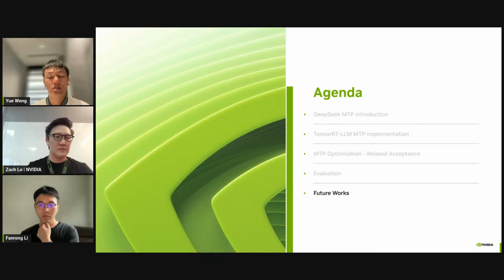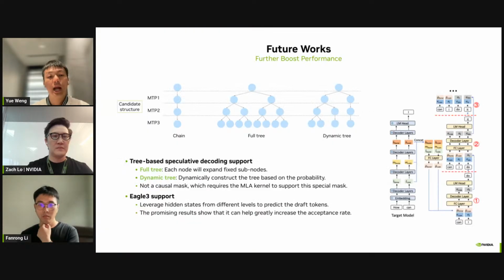The last part is the future work. Our future work is mainly divided into two parts. The first part is to use a tree-based draft token generation method to explore candidate combinations. There are two forms of tree. The first one is the full tree, in which each node will expand a fixed number of subnodes.